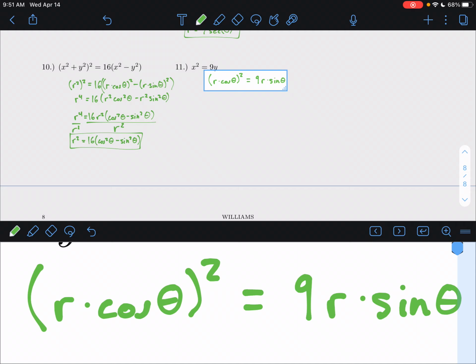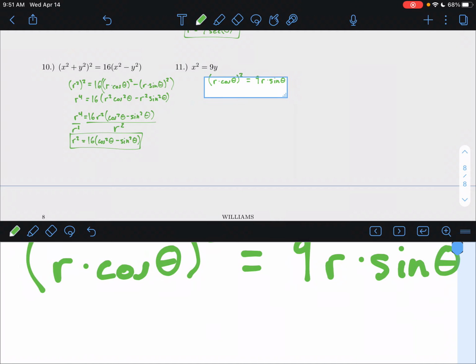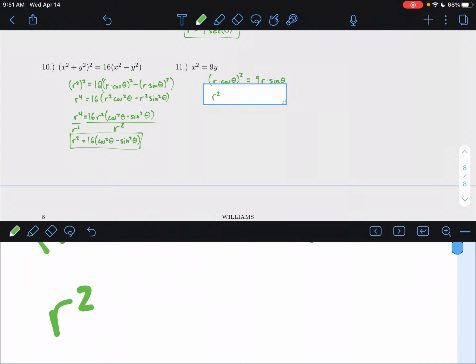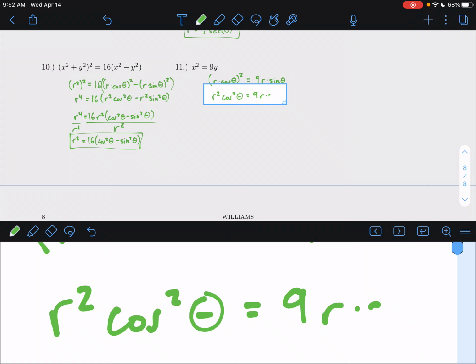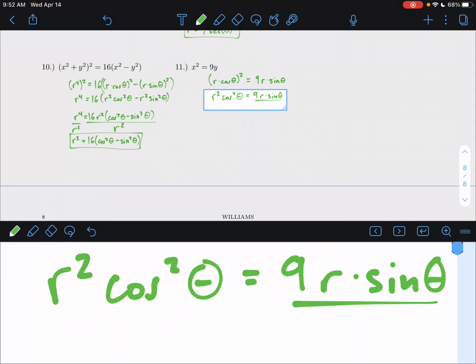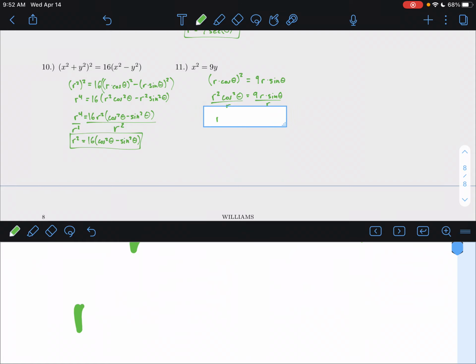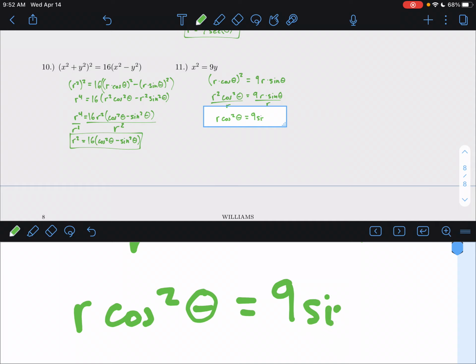So r squared cosine squared of theta is 9 times r times the sine of theta. I will divide both sides by r here. So I have r times the cosine squared of theta equals 9 times the sine of theta.